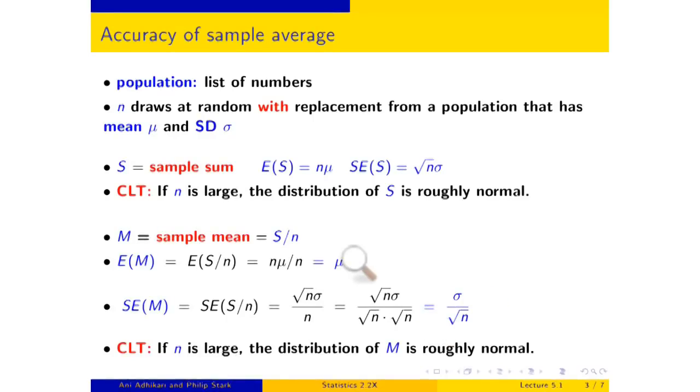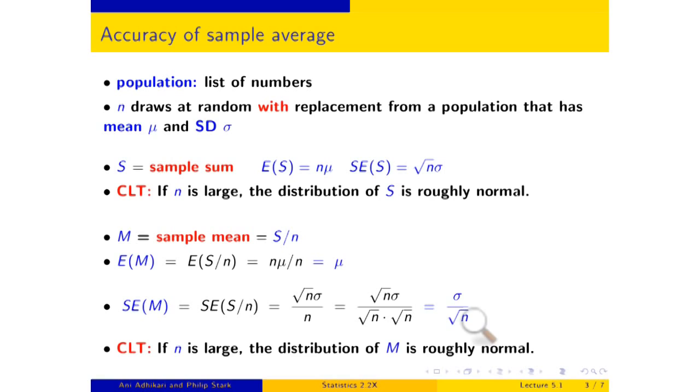Now what I'd like to do is take a look at this expected sample average and the standard error and note a couple of things. We have noted before in section 3 that the expected sample average is the population average regardless of the number of draws. There is no n in this answer. There is, of course, in the standard error an n in the answer, and where is that n? It's in the denominator.